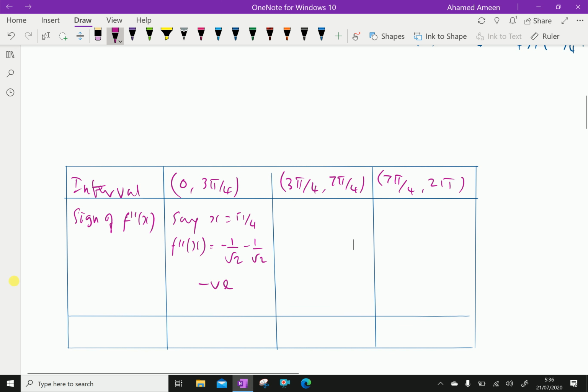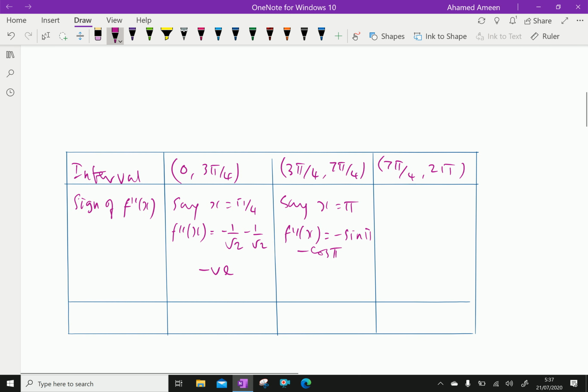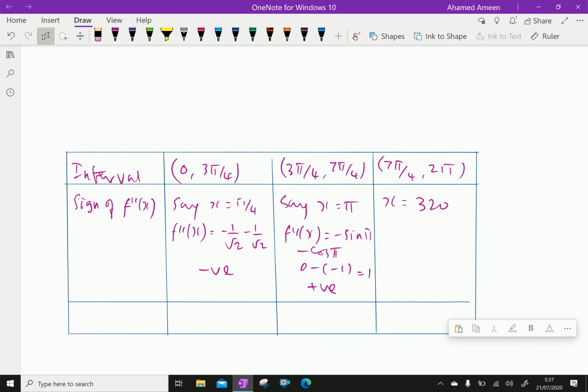Next interval 3 pi by 4 to 7 pi by 4, say x is pi. Then f 2 dash of x is minus sin pi minus cos pi, that is 0, minus of minus 1 is 1. Therefore, it is positive. Now, next interval 7 pi by 4 to 2 pi, suppose x is 320 degrees.